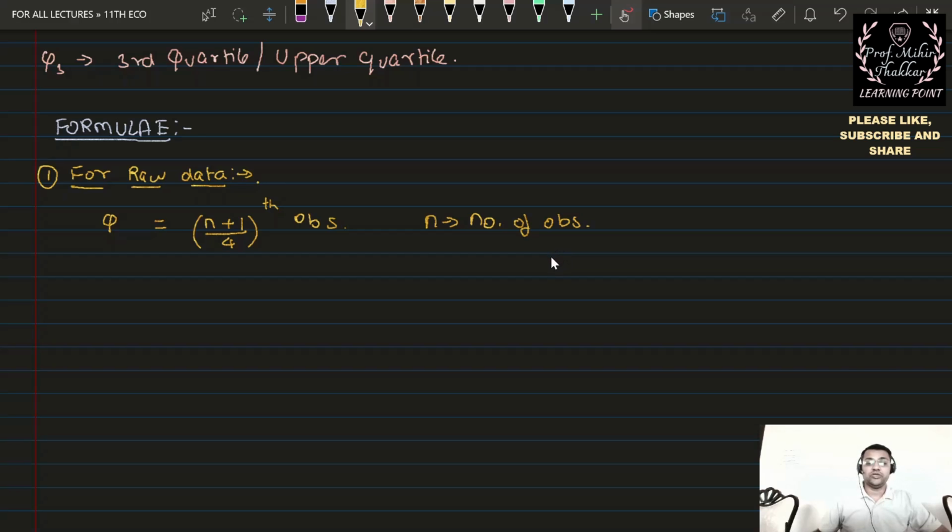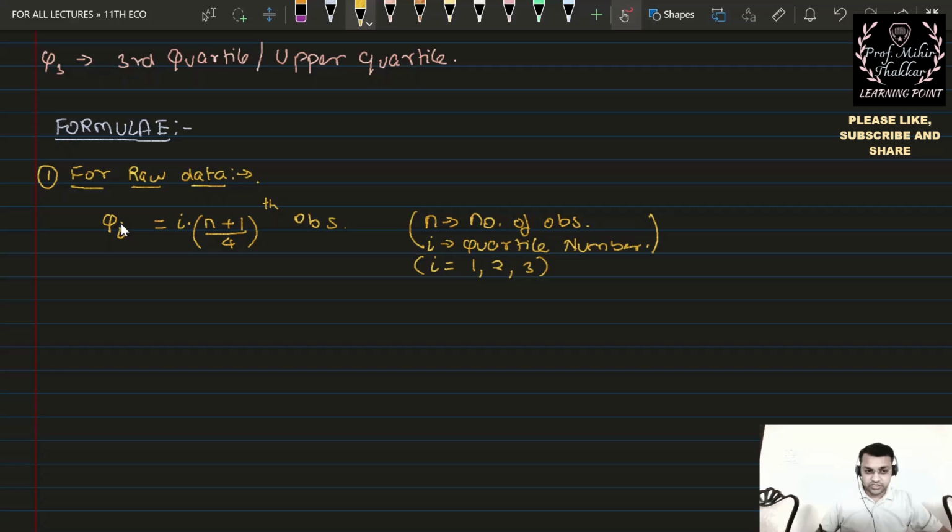But one thing that you need to remember over here now is that you need to multiply this with i, where i is representing the quartile number. Now quartile number means there are three quartiles, so i can be 1 or 2 or 3 depending on what is being asked to us in the question.